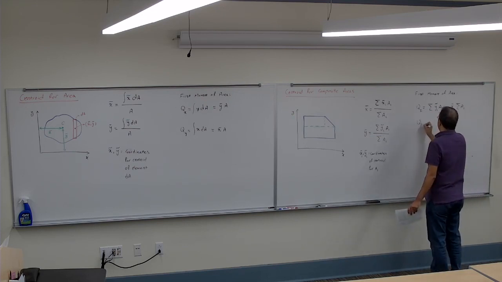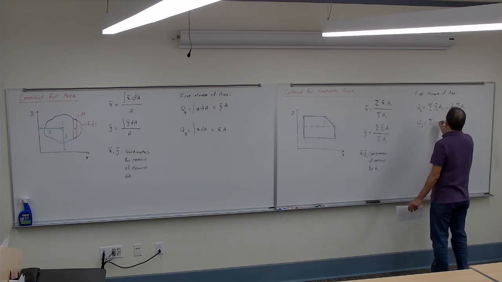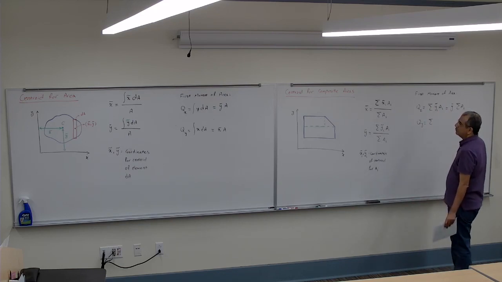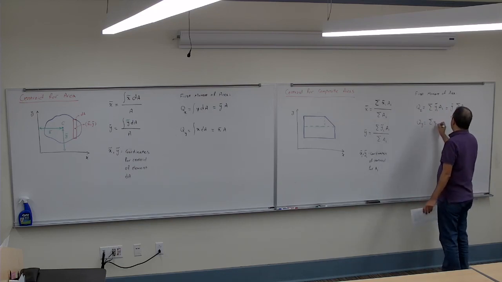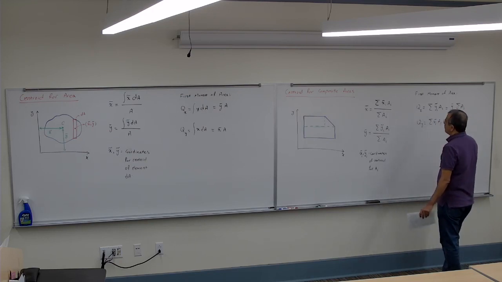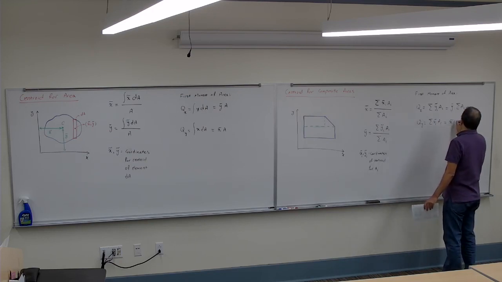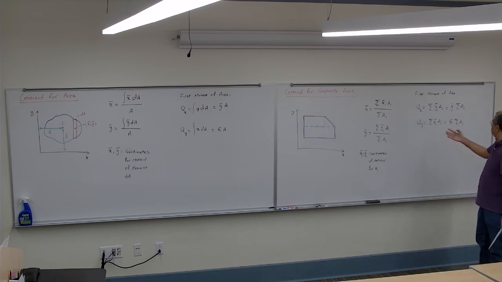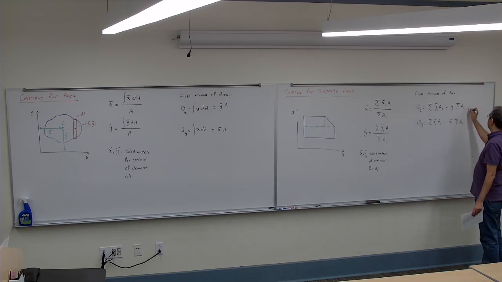And Q about the y is going to be sigma x tilde i A i, the x bar times sigma A i, the same thing. But right here it's going to be y bar A, and x bar A.